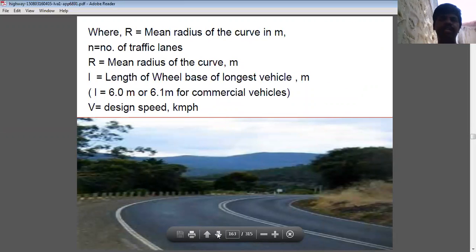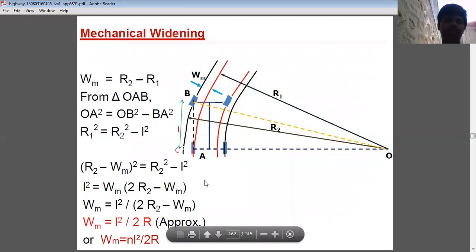Here Rn is the mean radius of the curve, n is the number of traffic lanes, and L is the length of the wheelbase of the longest vehicle, 6 meters or 6.1 meters for commercial vehicles. The design speed is V kmph.